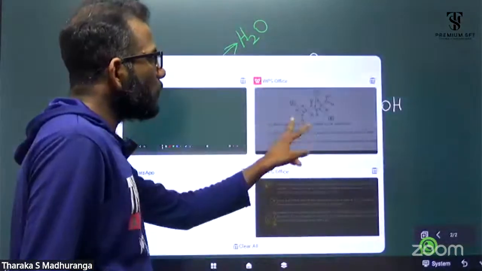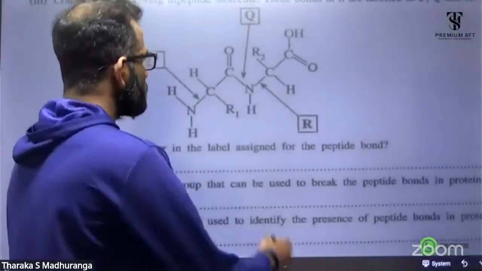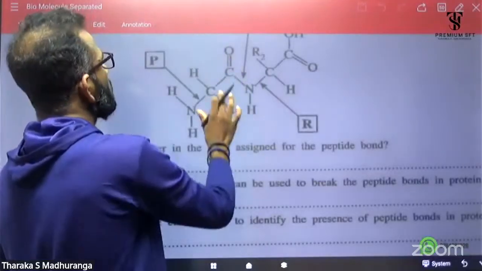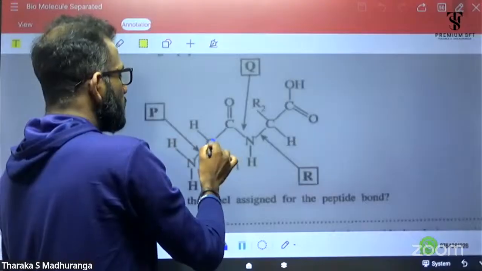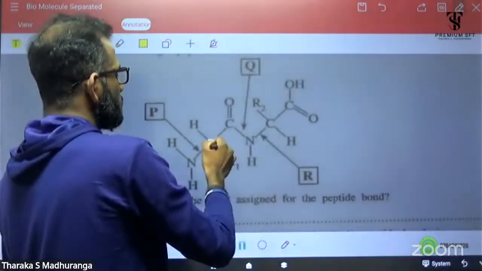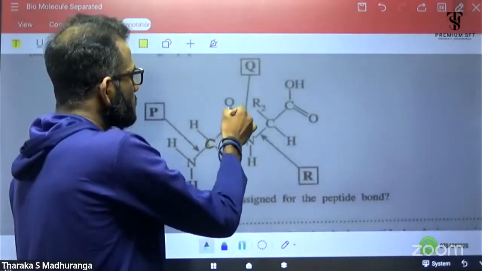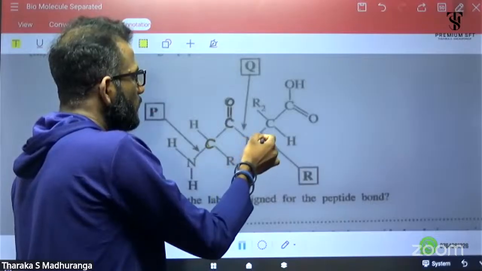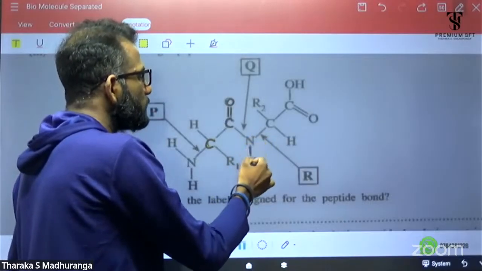Peptide bonds always form between two amino acids. See? This is the alpha carbon, COOH, and this is the nitrogen amine group with one hydrogen.